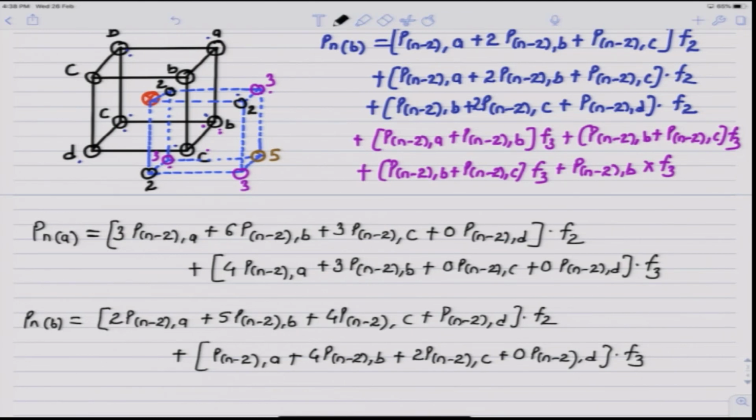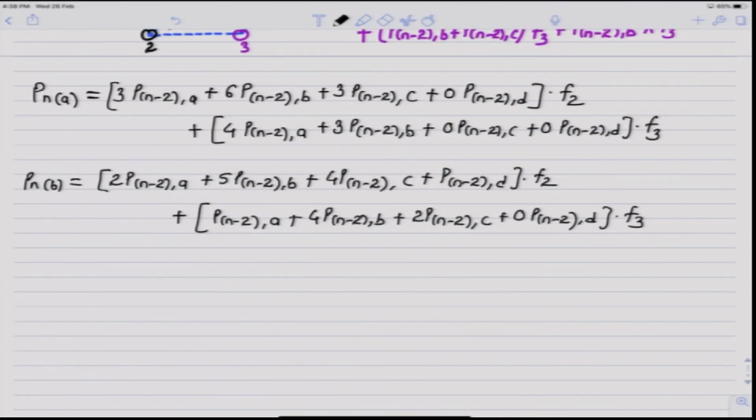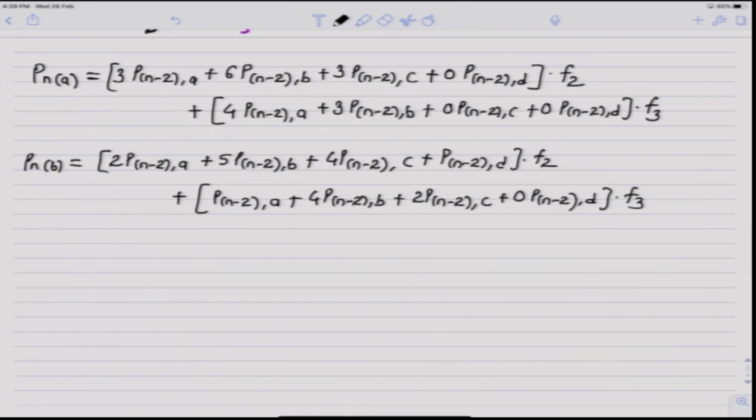Now for the C and D type we can apply the similar treatment, and in fact we can get it by applying this inverted symmetry here, because this cube has an inverted symmetry about point X. So, whatever we apply for A and type B sites by inverted symmetry we can apply to type C and D sites. Now, we can also get the equations for P n of C and P n of D, and we can write those in the form of matrices.